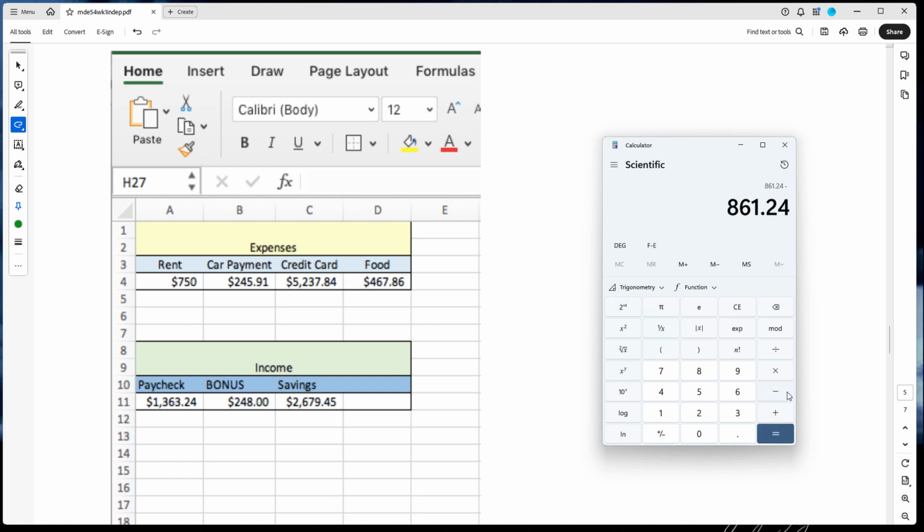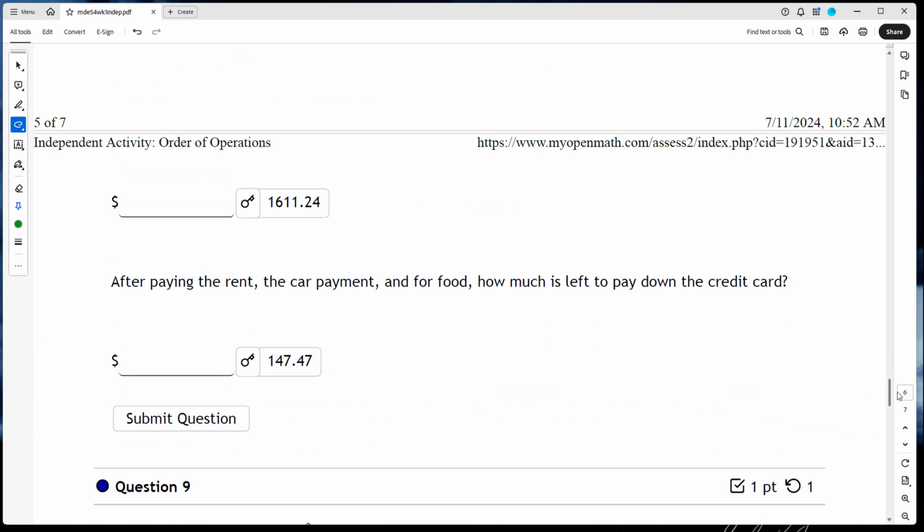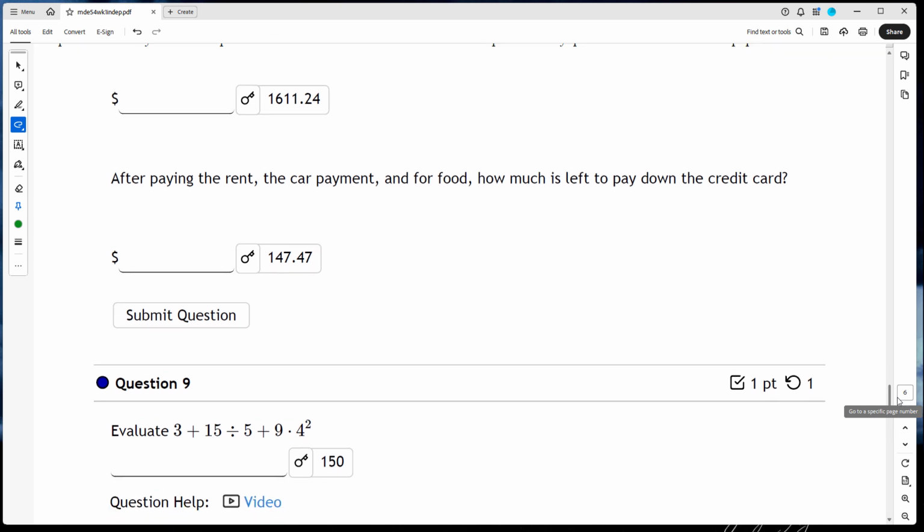Minus car payment. And minus the food. 147.47 that's left. And you see that there. And that was number 8.